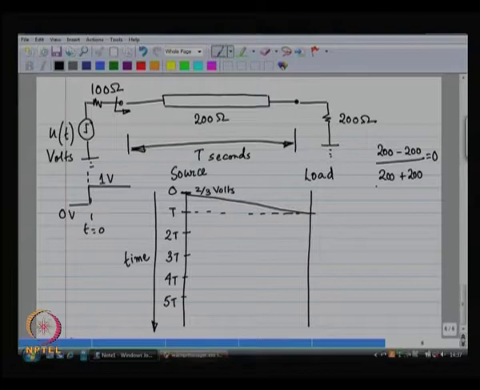Fantastic. So, nothing reflects back from the load, the entire voltage waveform is absorbed, and if nothing reflects back from the load, we do not have to worry about subsequent reflections and so on. So, the load looks like a black object, whatever you transmit, it absorbs it. Fantastic.